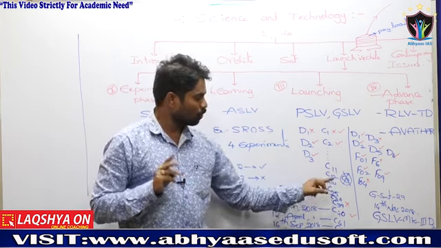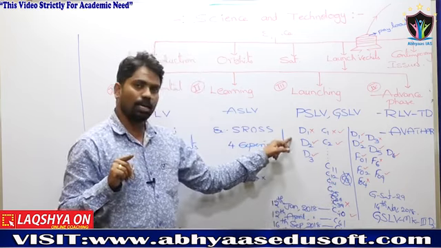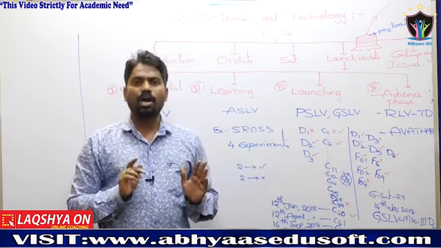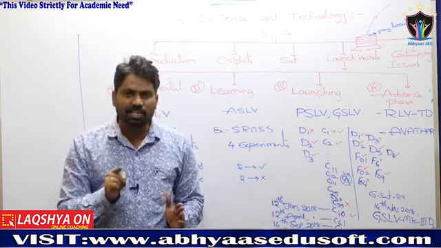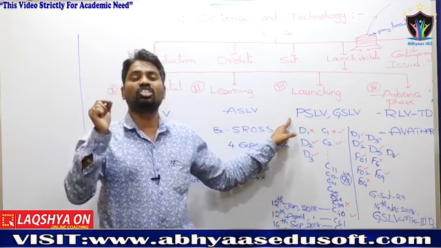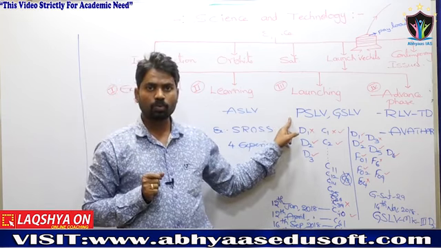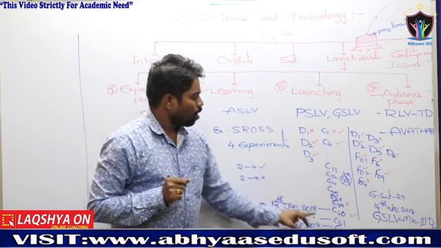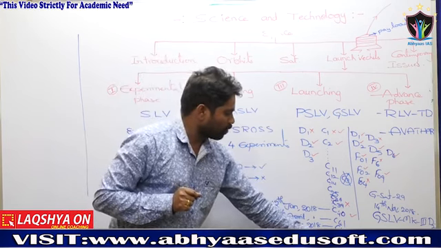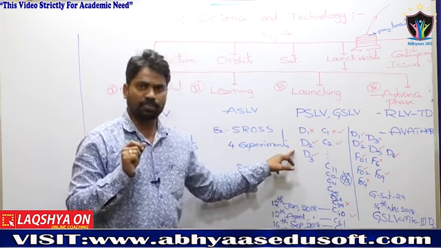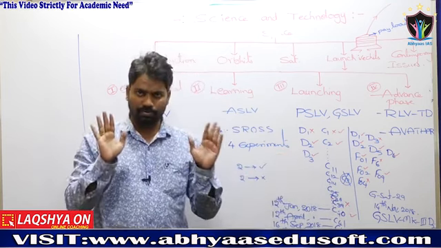So 43 minus 1 is 42, 42 plus 3 is 45. Up to now, 45 launches have been conducted by the help of the Polar Satellite Launching Vehicle.